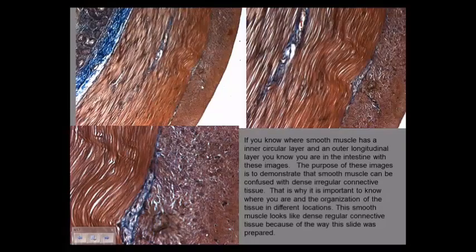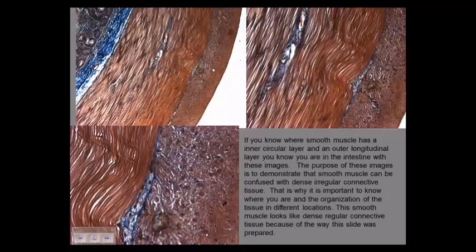This is a funny slide because the technician that made this slide cut the tissue really thick. And it gives it this appearance. This is more smooth muscle. Okay? But this is smooth muscle in your GI tract. Because here's some mucosa up here. Here's some dense irregular connective tissue that's part of the submucosa. Here's a circular layer of smooth muscle, and here's a longitudinal layer of smooth muscle.